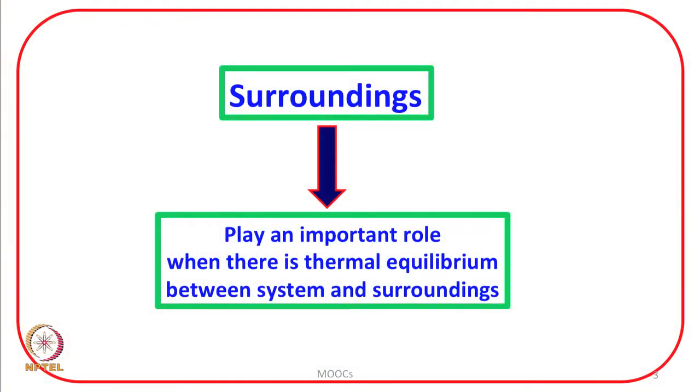After the system, we introduced the concept of surroundings. Let us take a look at the slide. As described over here, surroundings play a very important role when there is a thermal equilibrium between system and surroundings.